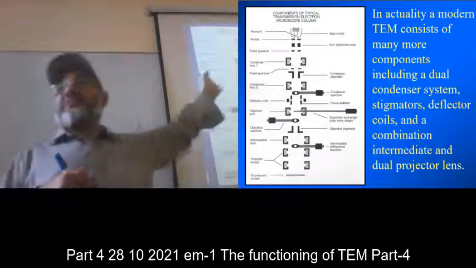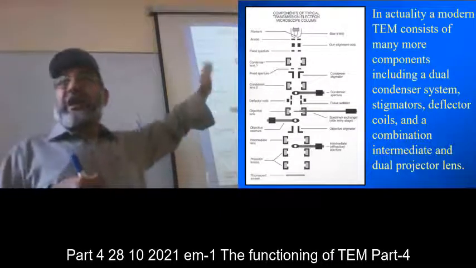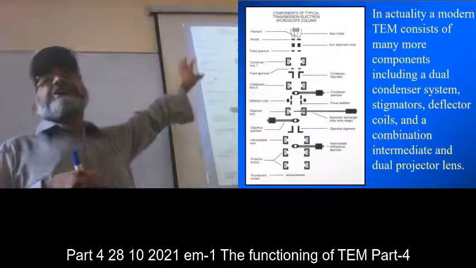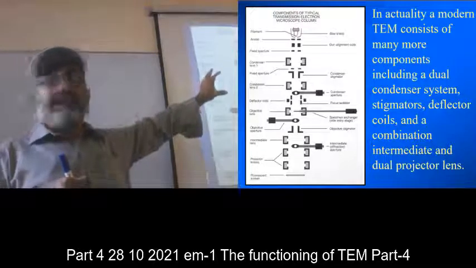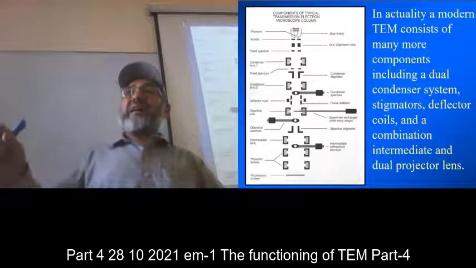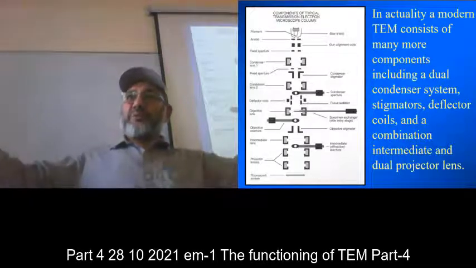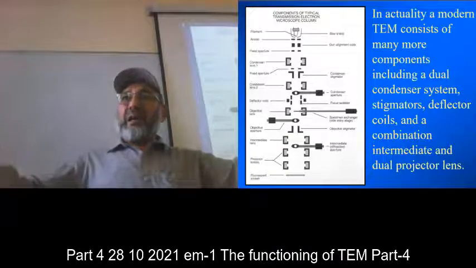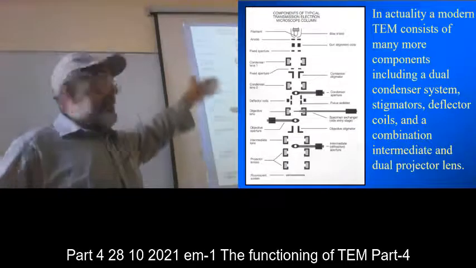And that is why stigmatic characters are very, very important, and each lens has its own stigmators. And stigmators are 2 knobs on both sides, and you are correcting from both sides, the condenser, the objective, and all the stigmators.